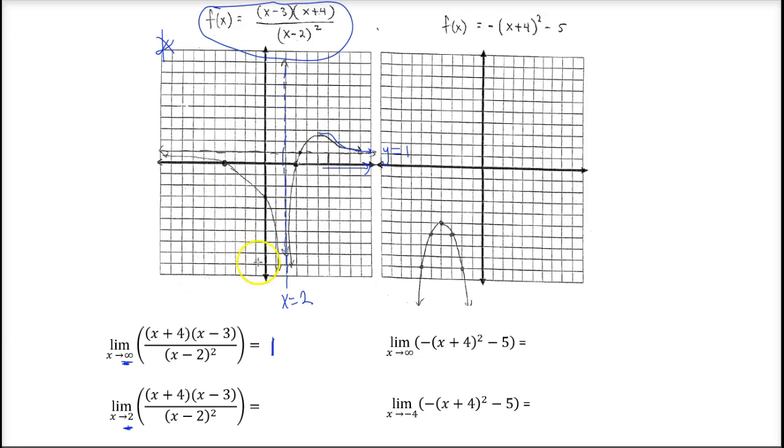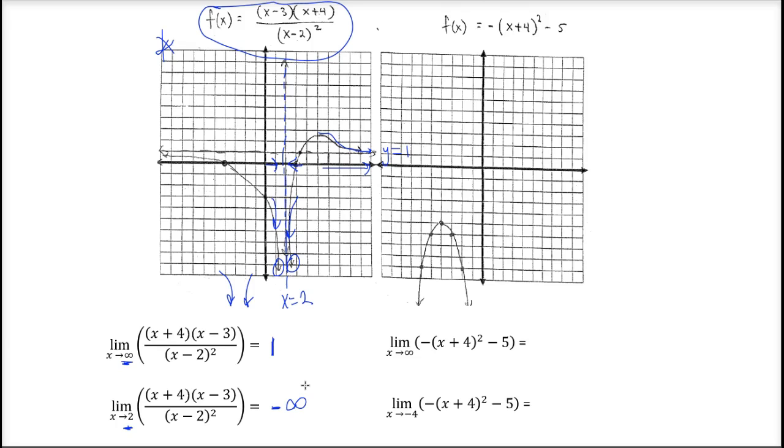In this case, do you see as x approaches 2 from both the left and the right, the y values for each of these functions keep going down to negative infinity. And since on both sides of x equals 2, the function is doing the same thing, meaning that it's going down to negative infinity, the best answer that we give for this is negative infinity.